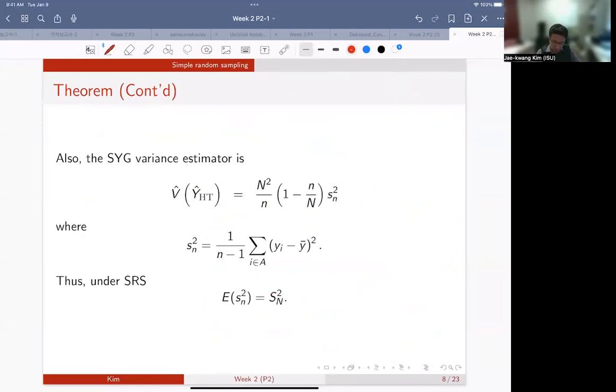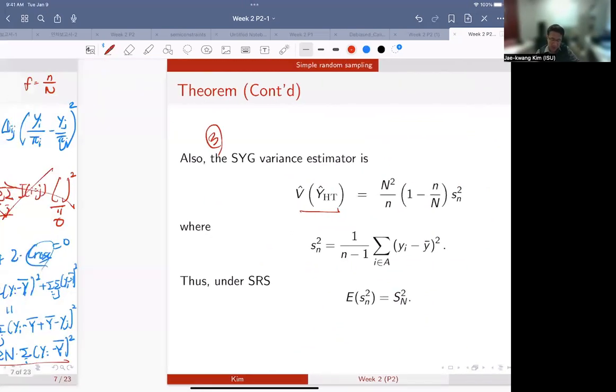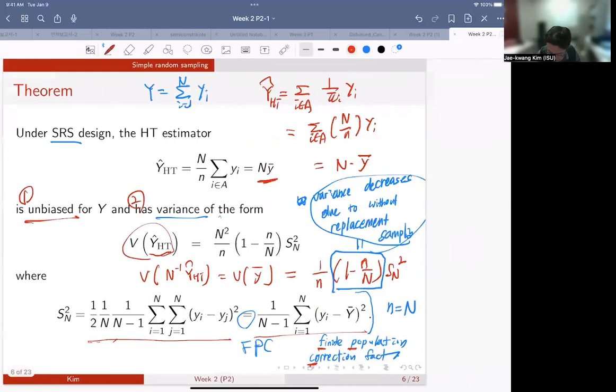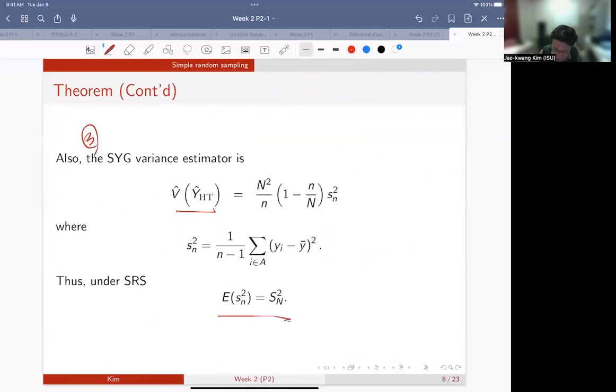Now this is a third result on Sen h Grandi variance estimation. This variance estimator is unbiased for the population variance, I mean the sampling variance of the whole population estimator. How do we prove this? Let's prove this.